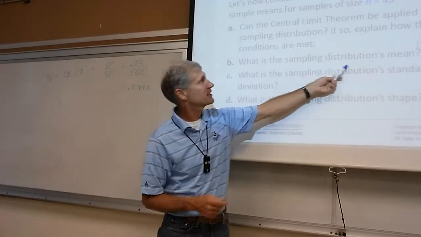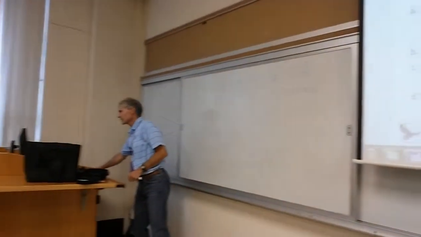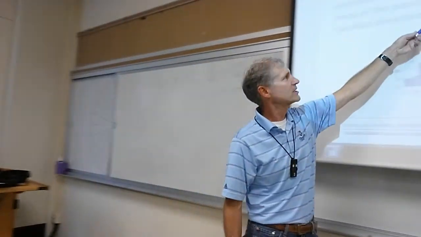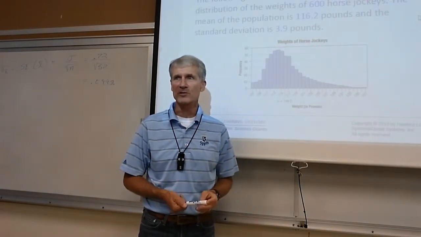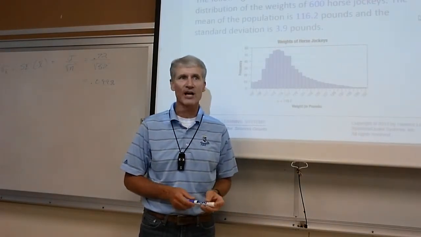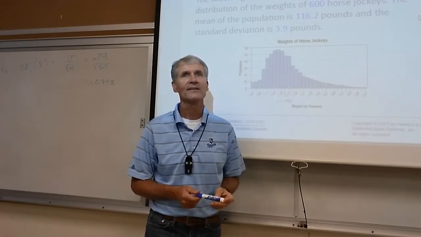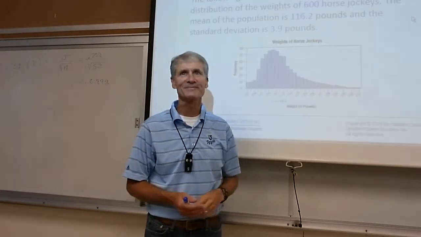What is the sampling distribution's mean? I've got to scroll back to the previous page. It says the mean of the population is 116.2. What would the mean of the sampling distribution for samples of 45 jockeys be? It'd be 116.2.